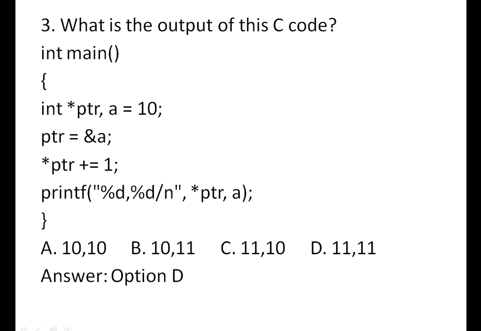How is A updated? Since ptr contains the address of A, and we are going to make changes with the address, whatever changes you make with the address will be reflected in the normal copy also. So ptr1 has the ampersand A. With that we are making changes. So *ptr will take the value from the address, so it is 10 plus plus. So ptr is also 11, A is also 11.